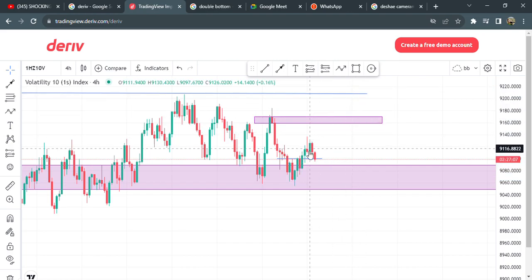See, now when you look at this one here, the market tried to test the supply zone, but it was unable, so it's going back down here.